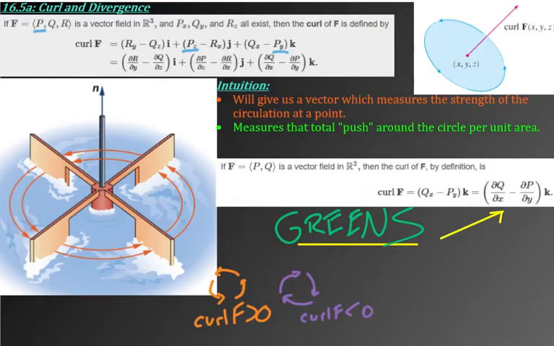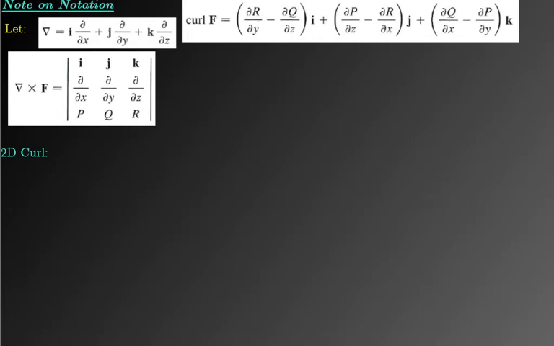That's what Green's says, and so there is this curl connection to Green's right here, so kind of interesting. But this is actually how I go about remembering how to compute curl, okay?